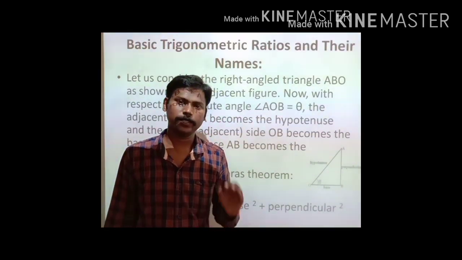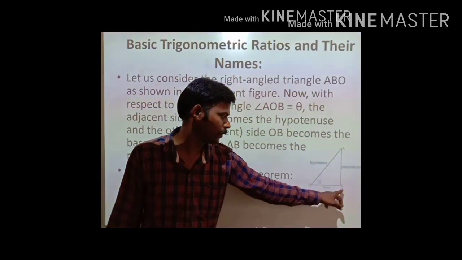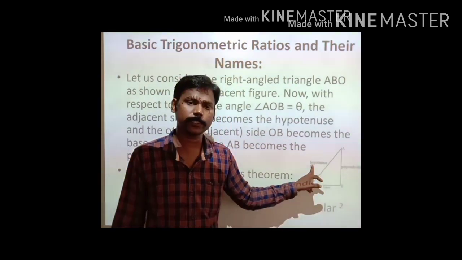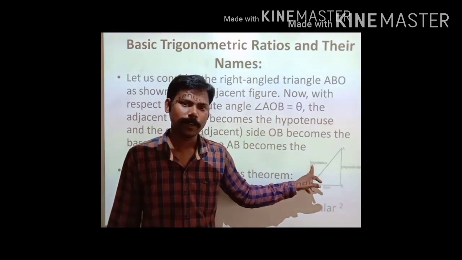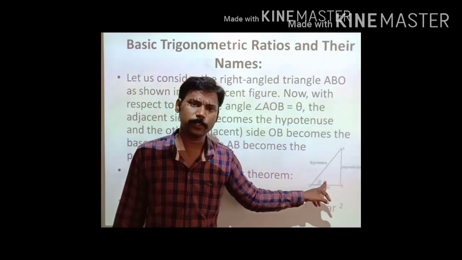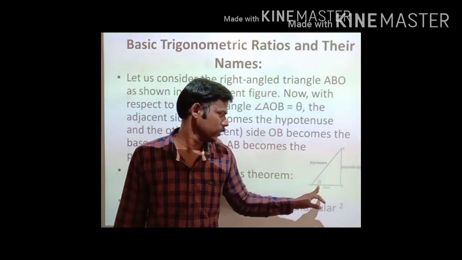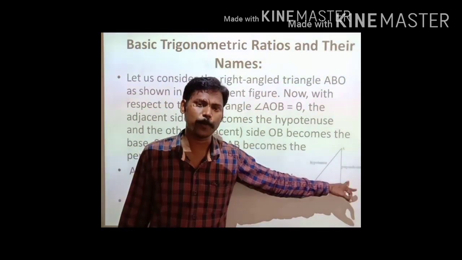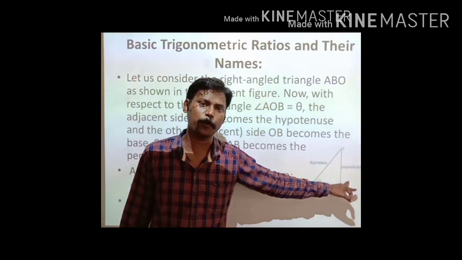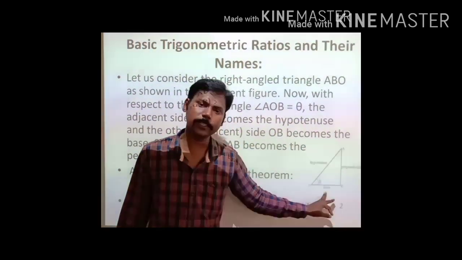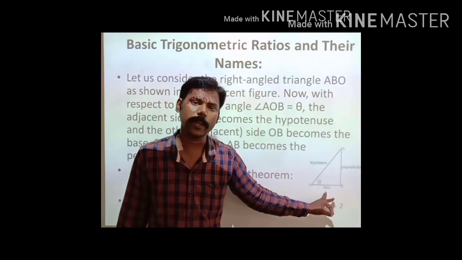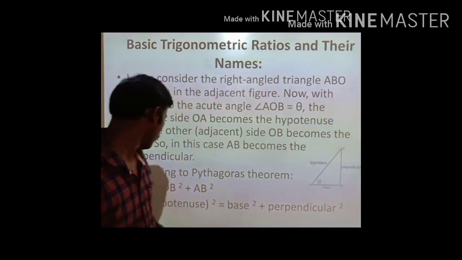The side which is opposite to 90 degrees is called the hypotenuse. The side opposite to the angle is called the perpendicular side or opposite side. The other side is called the base or adjacent side in a right angle triangle.